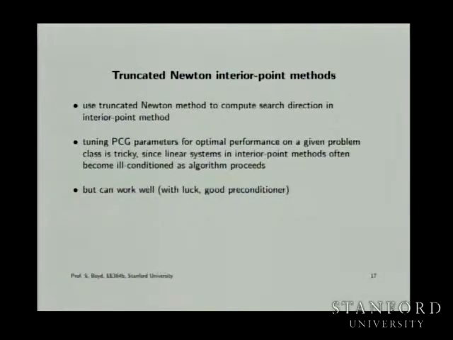It's going to be tricky to do this, but it can work well, and that requires luck, tuning, and a good preconditioner. Those are generally bad qualities for an algorithm to have. Imagine if every time you called eig or a\b, there were 14 parameters you had to adjust, and someone says you have to go back and set eta a little bit higher for problems like this, and it runs for a while, and then jams, and you have to restart it and set alpha to 0.01 and see what happens.